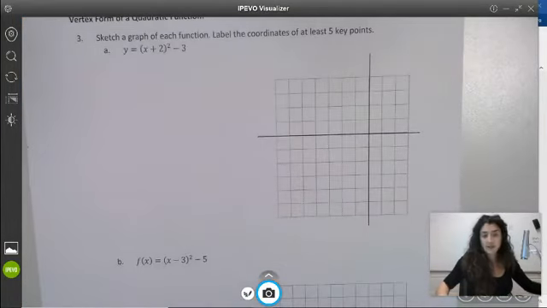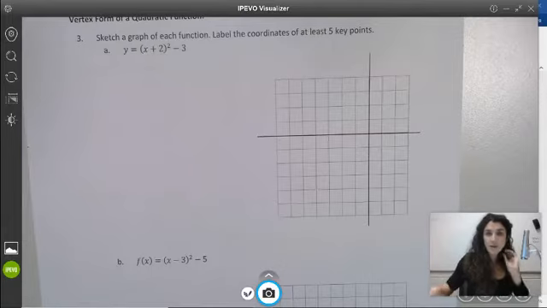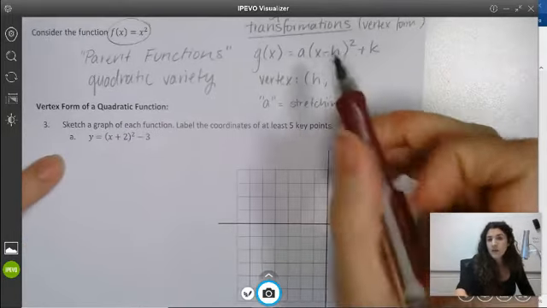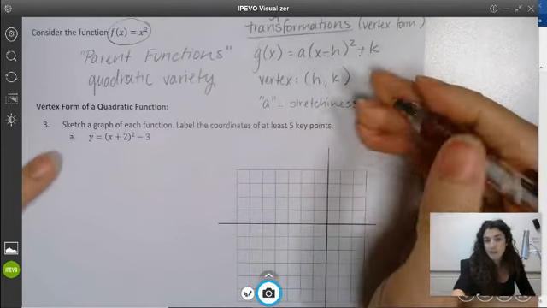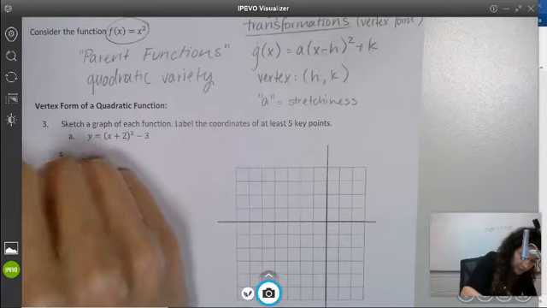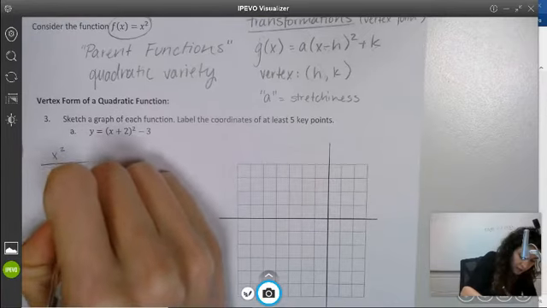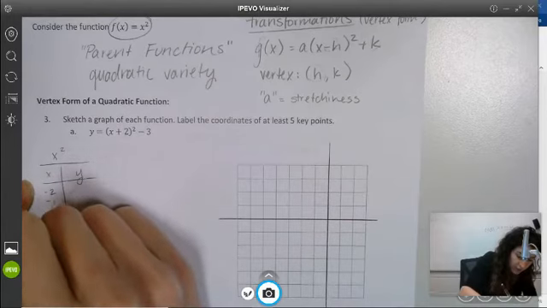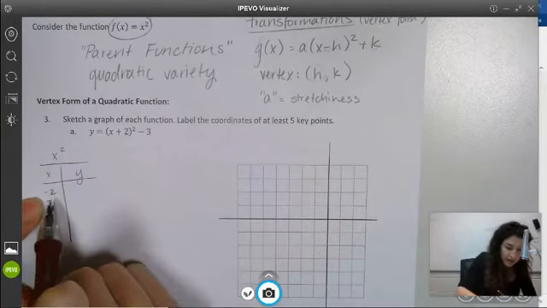So I went ahead and put in my axes here. And I want to show you how graphing your equation using your vertex form in terms of transformations can be helpful. So with our parent function, x, y, we could do -2, -1, 0, 1, 2.